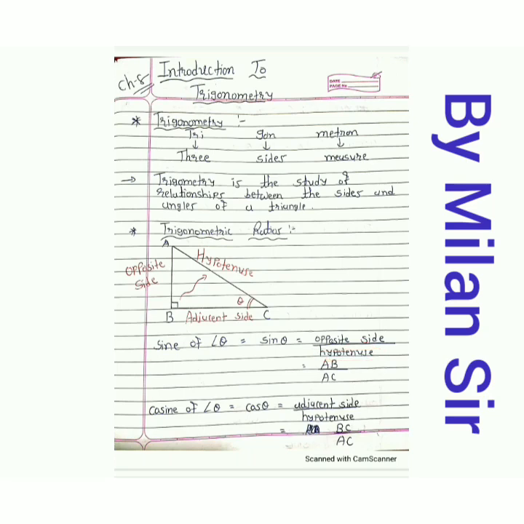That's why the answer of sin theta always lies between -1 to 1. Same for cos theta, because hypotenuse is present in denominator in cos theta too. So sin theta and cos theta always lie between -1 to 1.